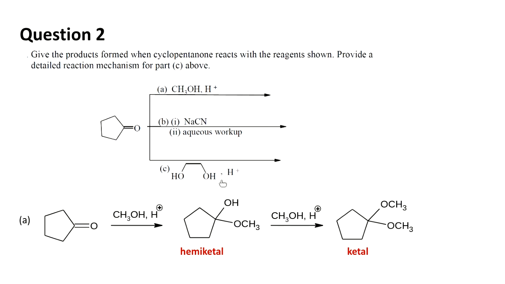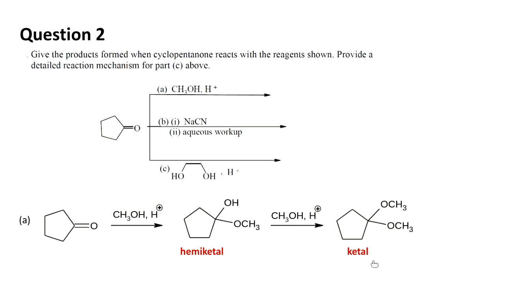Whereas for this one, the 1 molecule of methanol gives the hemiketal. If you had 2 molecules, it would move on to the ketal. For the diol, the structure already has 2 hydroxyl groups, and so you will form a ketal for part C. So we look at part C later on.